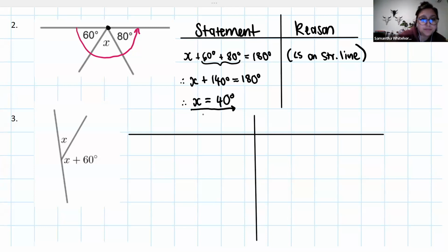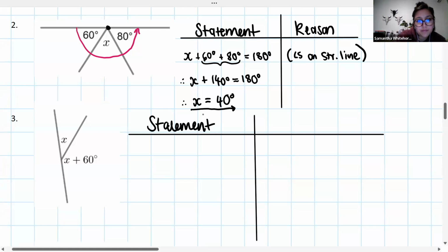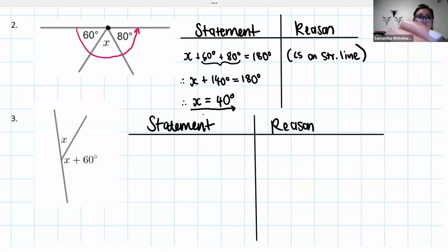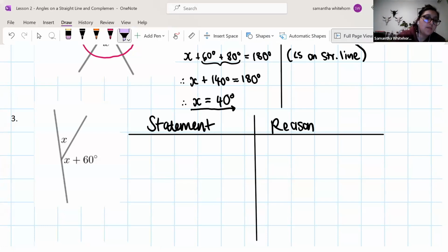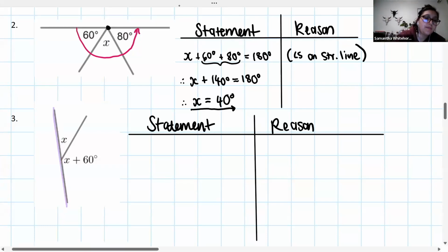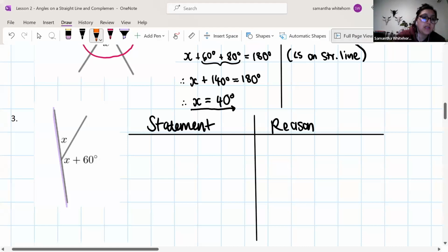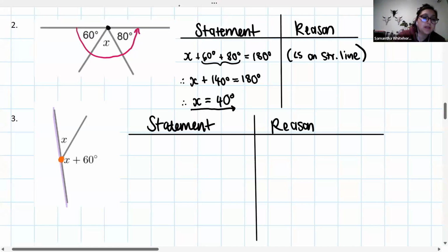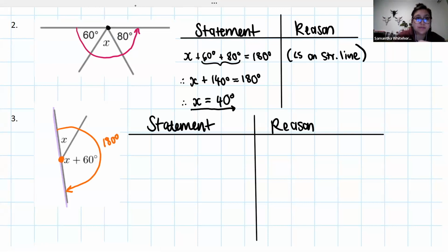Okay, guys. So remember statement reason. Now, what we see here is we've got a straight line on which we have adjacent angles that come from this common point. And because of that, we essentially have this half circle shape. So we've got 180 degrees.